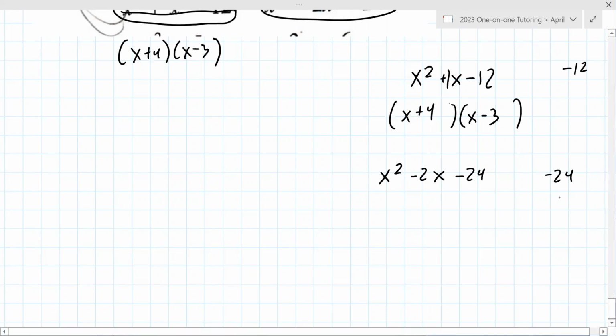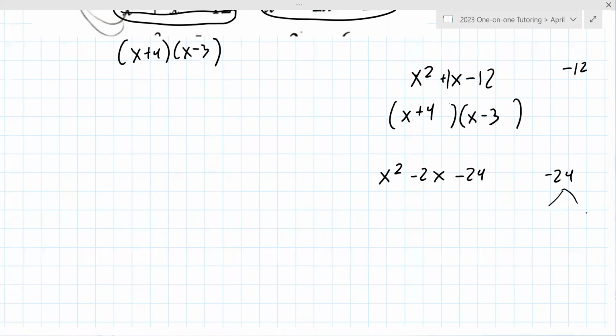So this is where you need to grab your calculator and go 24 divided by 1, 24 divided by 2, divided by 3, divided by 4, 5, 6, whatever you need to do. If it doesn't work out evenly, you skip it, but it works for most of those numbers I just mentioned.